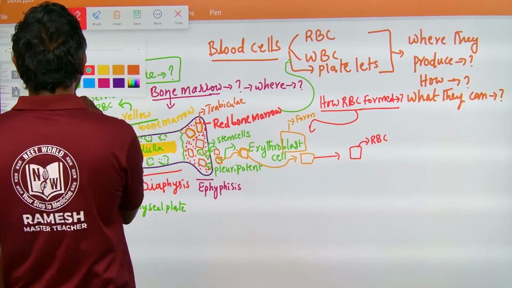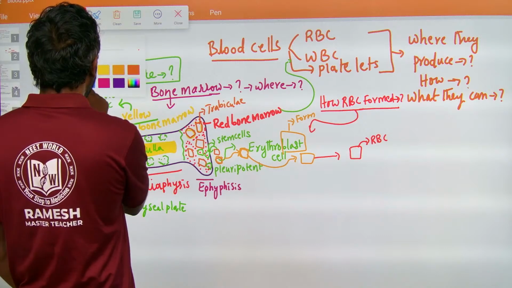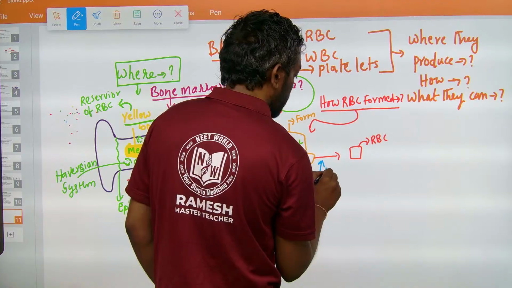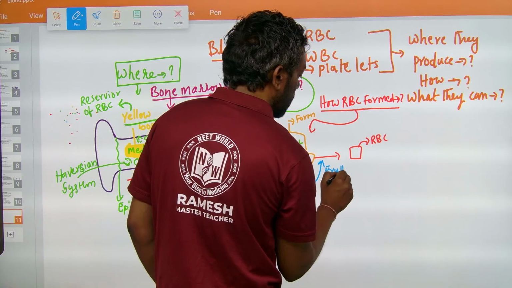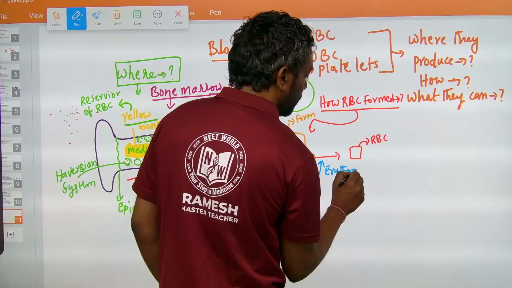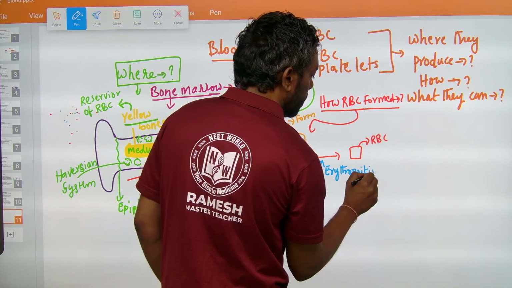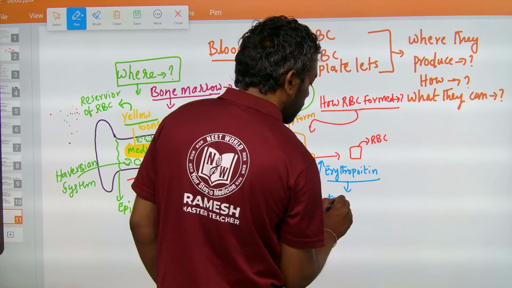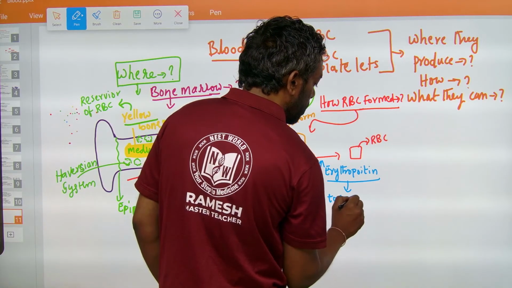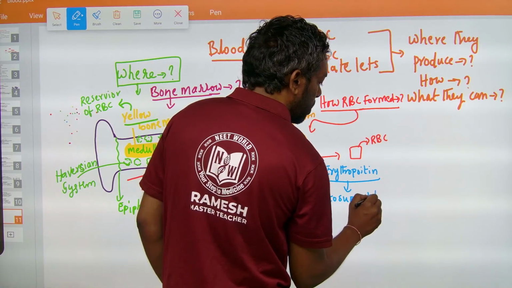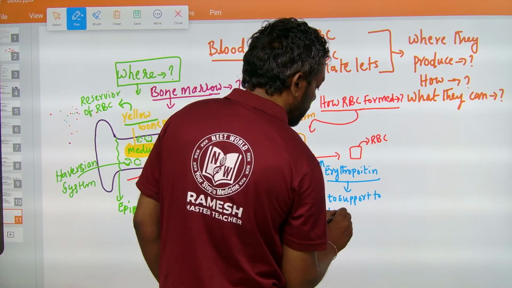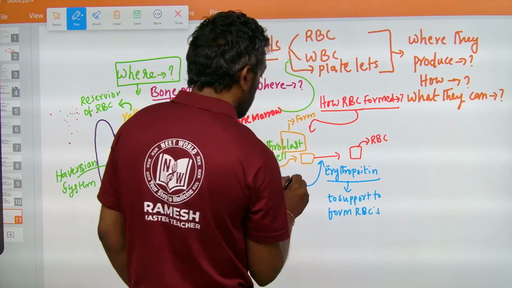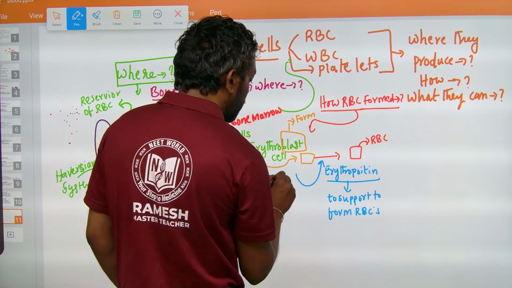Erythropoietin encourages and supports the formation of RBCs, and it is developed from the kidney.